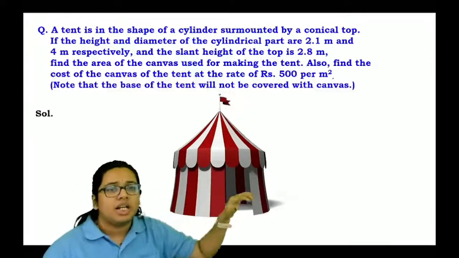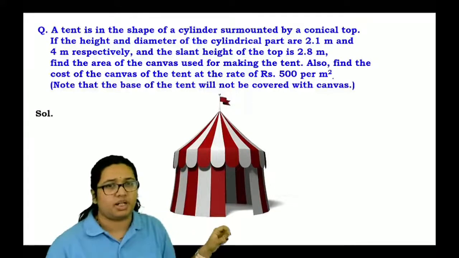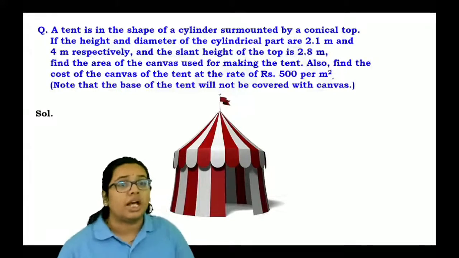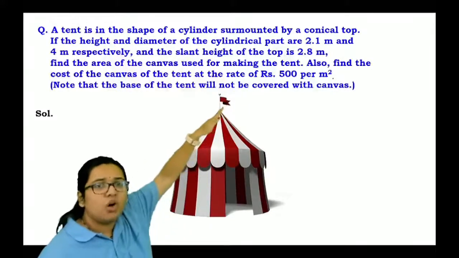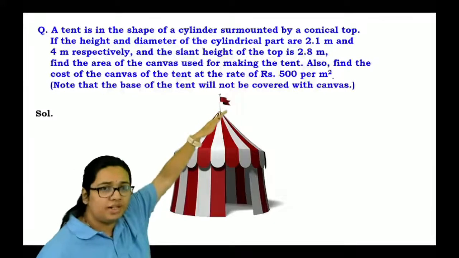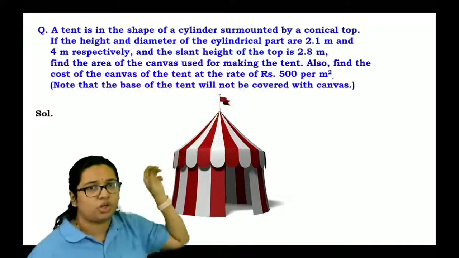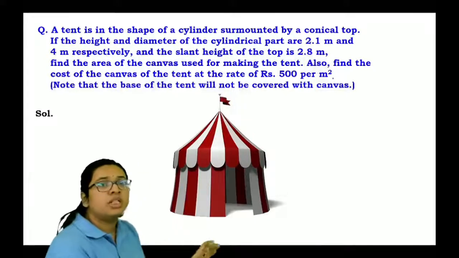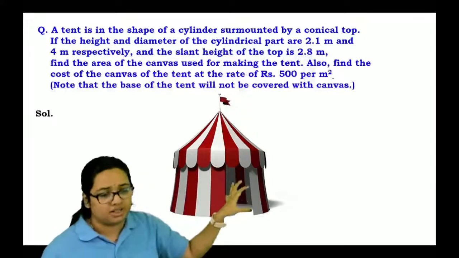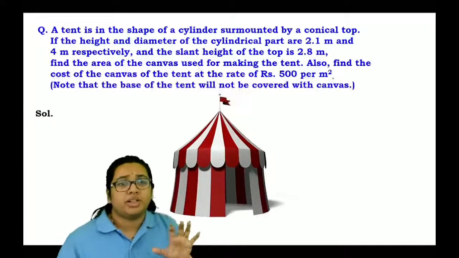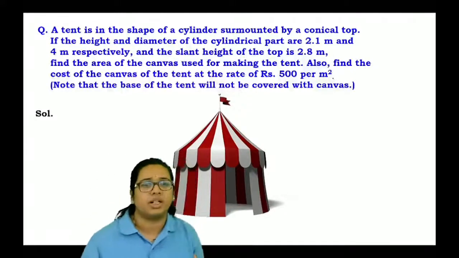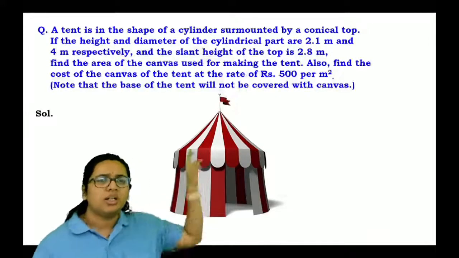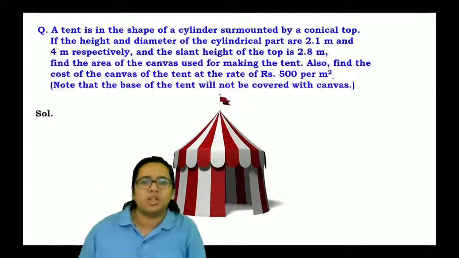If the height and diameter of the cylinder part are 2.1 meter and 4 meter respectively, and the slant height of the top is 2.8 meter, then find the area of the canvas used for making the tent. Also, find the cost of the canvas for the tent at the rate of 500 per meter square. Note that the base of the tent will not be covered with the canvas.